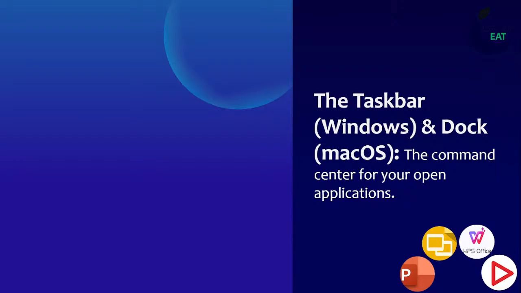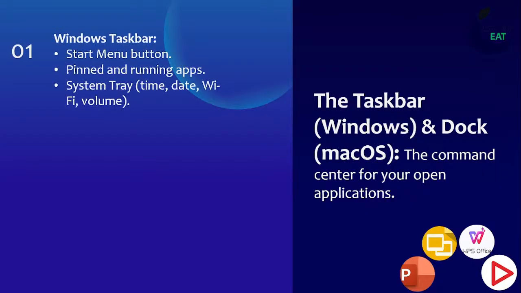Okay, for the taskbar or the dock, let us just look at them and consider some things. Now let's take a closer look at that bar running along the bottom of your screen. It might seem simple, but it's one of the most powerful parts of your operating system.